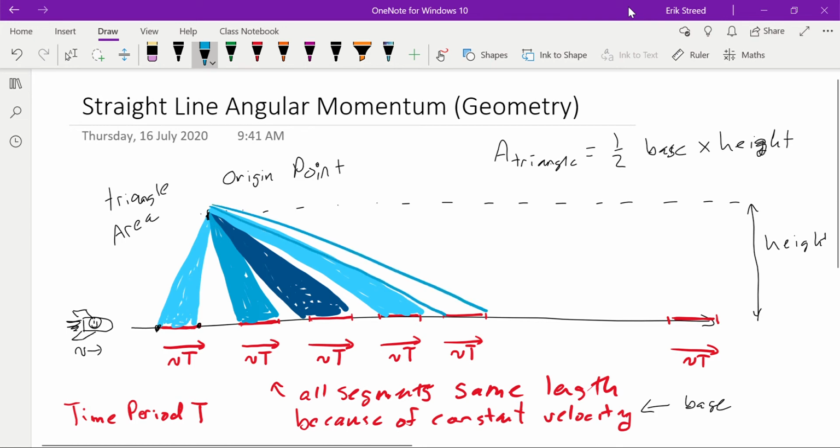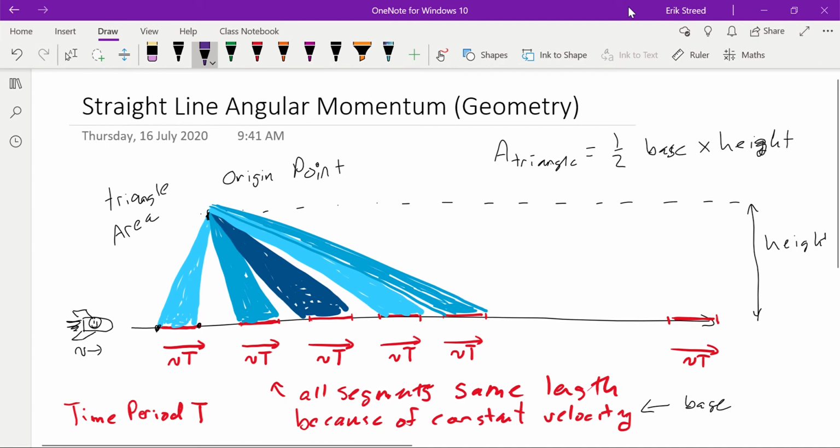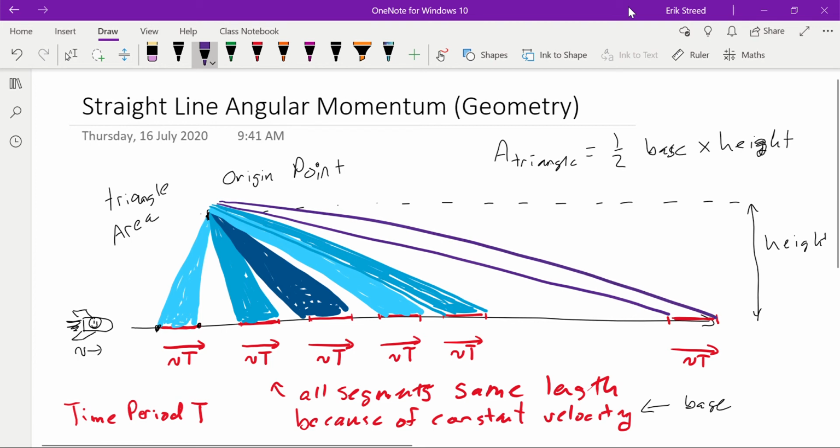So these triangles out here, when it's far away, are really skinny little guys, but they're also quite long. Let's see if we can do this correctly. A little bit of curve on that.